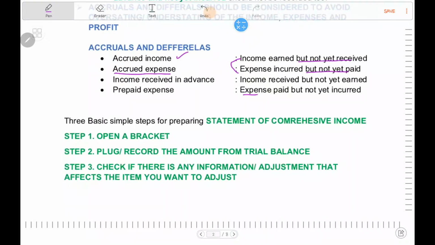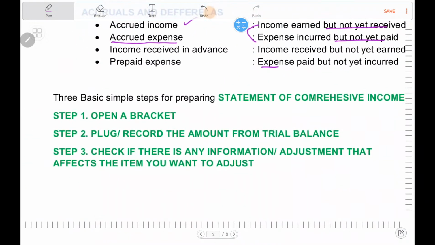Okay, then let's talk about the simple basic steps that you should follow when you prepare the statement of comprehensive income. These steps are very, very simple, because if you follow them without adding or subtracting, you might get yourself some marks.